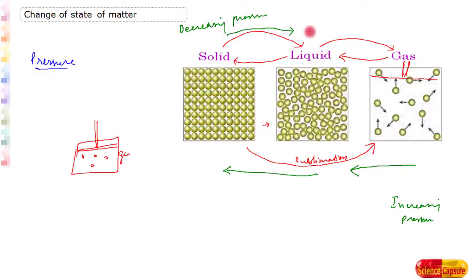And finally, the intermolecular space will be so large that it corresponds to that of gas. In such case, the liquid changes into gas. This way, on increasing pressure, gas can be converted into liquid, liquid can be converted into solid. On decreasing pressure, solid can be changed into liquid, and then liquid can be changed into gas.